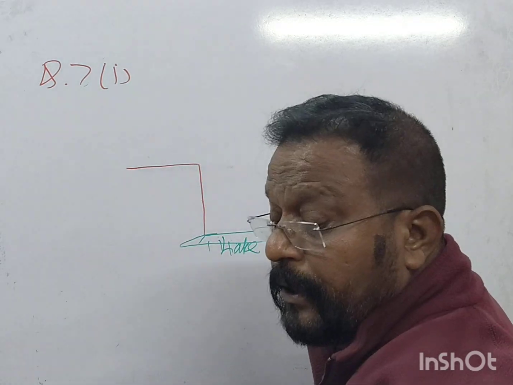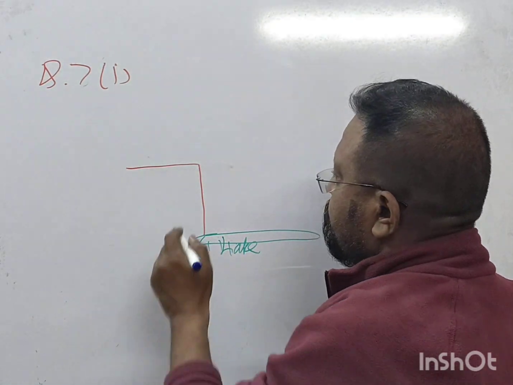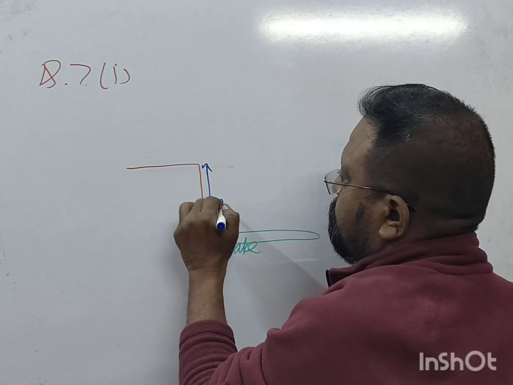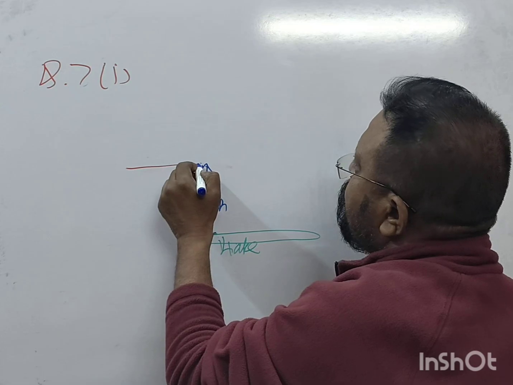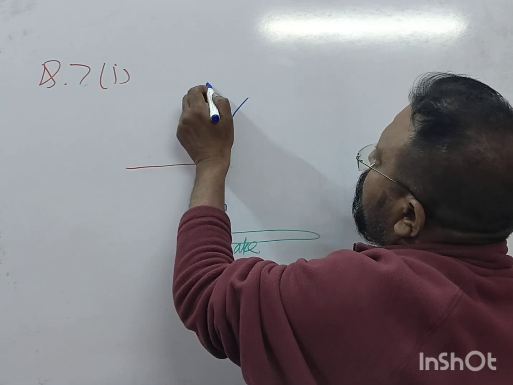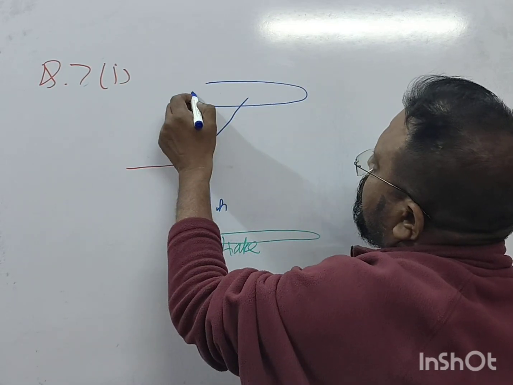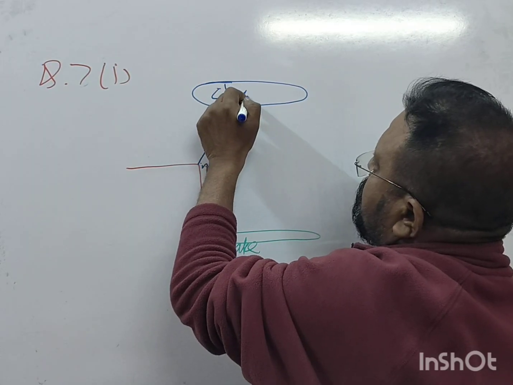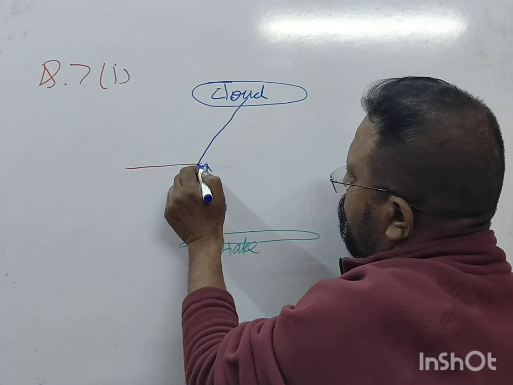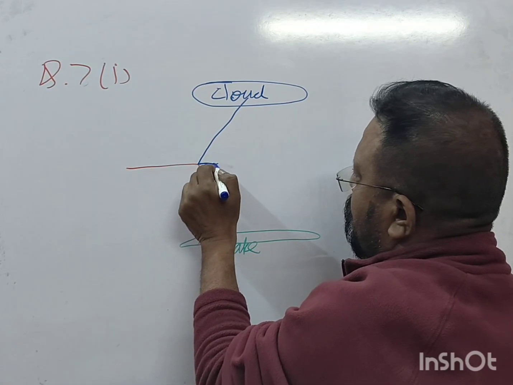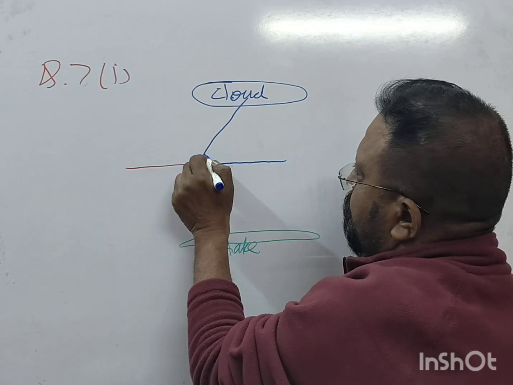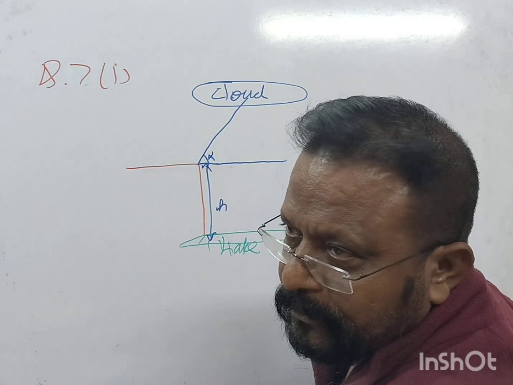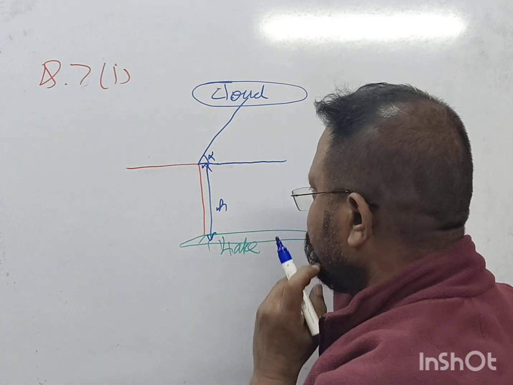And there is height h meter. And the angle of elevation of the cloud. The cloud is here. This is the cloud. The angle of elevation of the cloud is equal to alpha. Okay. Now what?